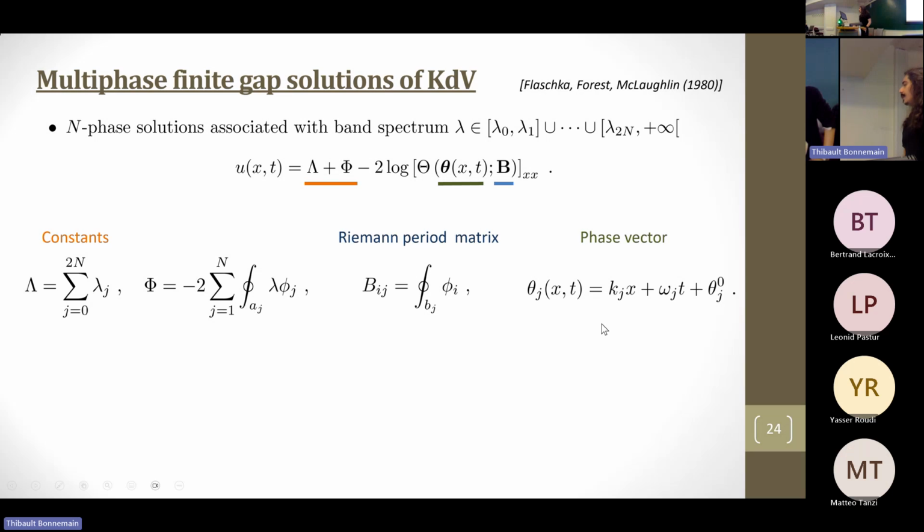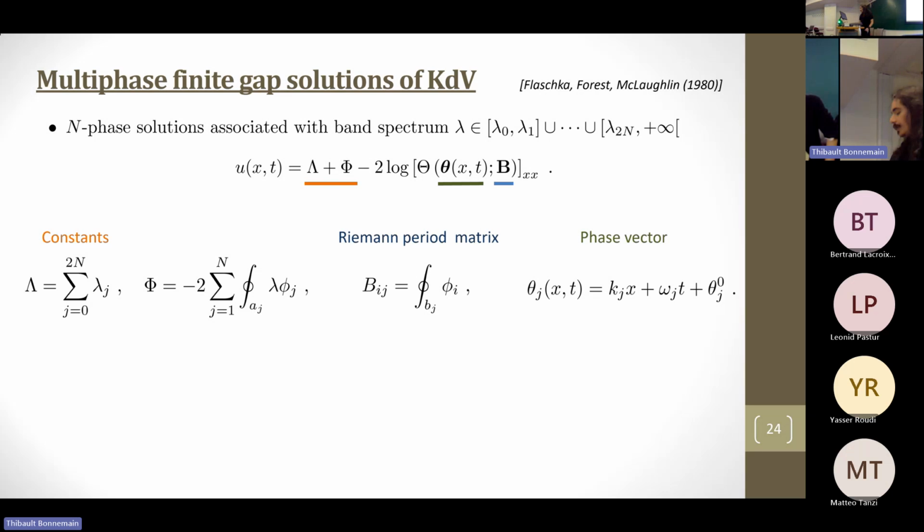And the phase vector just takes this very generic expression, kx plus omega t plus initial phase. Right. And of course here, the choice of the initial phase is free, but the choice of the wave vector and the frequencies, the k's and the omegas, is not. They depend on the spectrum.